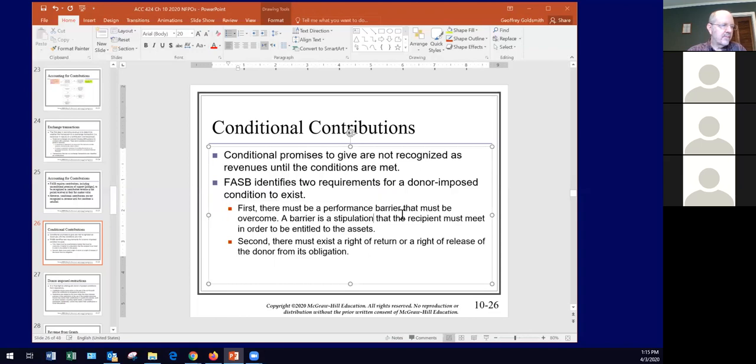So the organization getting the money has to do something in order to receive the assets. Second, there must exist a right of return or a right of release of the donor from its obligation. That is, if the organization doesn't do what's being asked, they have to give the money back.